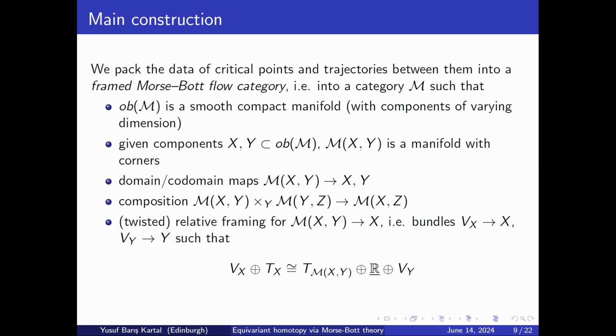The reason I call this relative is because essentially this is trivializing TM minus TX, the relative tangent bundle of this map. And the reason I'm calling this twisted is because there are these other bundles on X and Y involved. It's a bit of a technical condition, but it's crucial for the work. But I'm not going to say much about this again. Any questions?